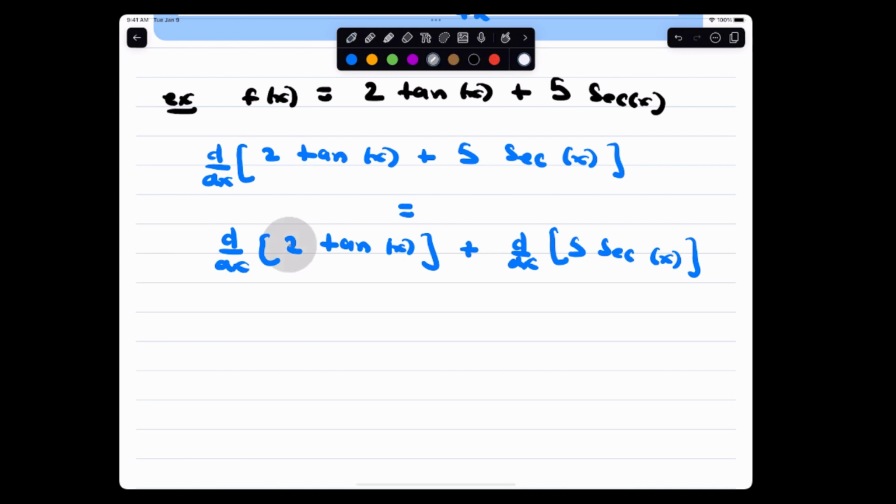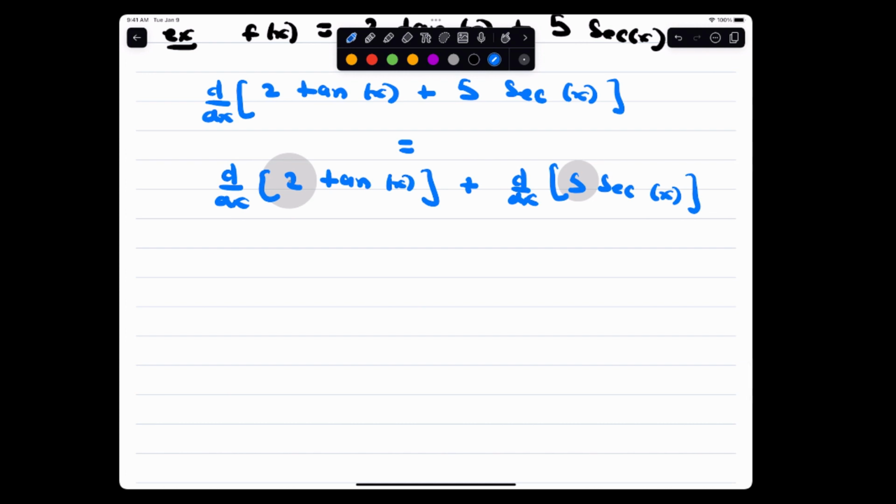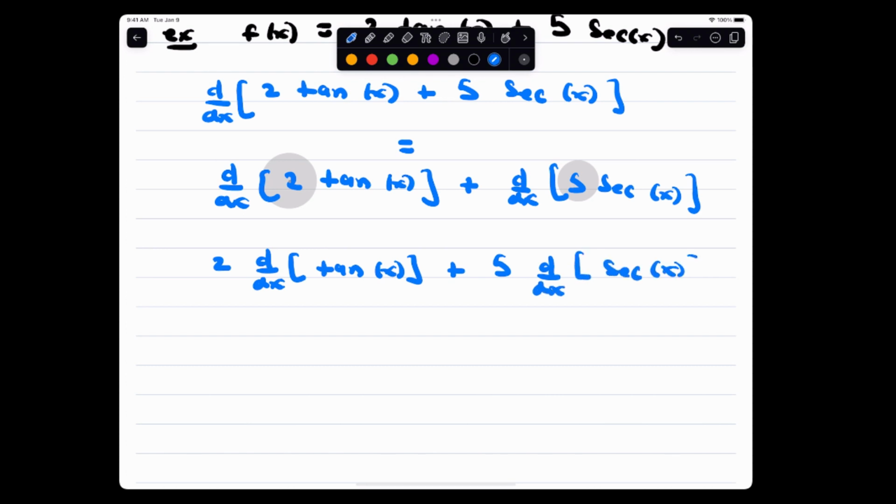Pull out your what? Constants. So if you pull out my constant, what do you get? 2 derivative of what? Tangent plus 5 derivative of what? Secant.